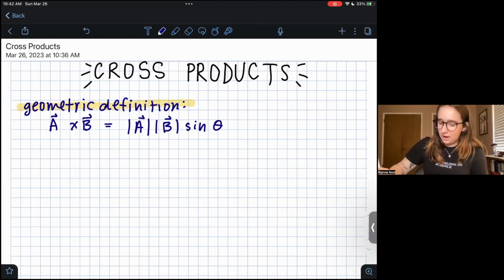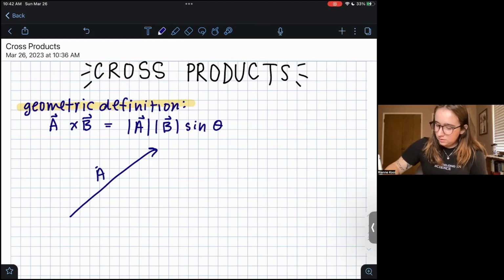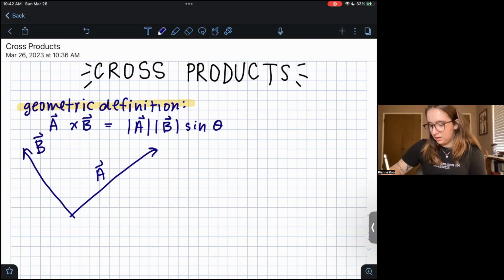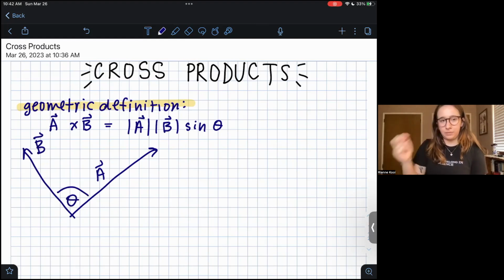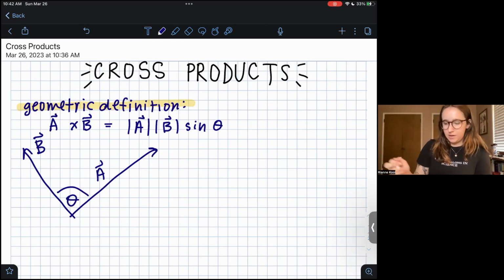So if we have vector A going like this and vector B going like this, and this is the angle between them, that is how you would define A cross B. It is the magnitude of A, so whatever this magnitude is here, and then the magnitude of B times the sine of the angle between them.